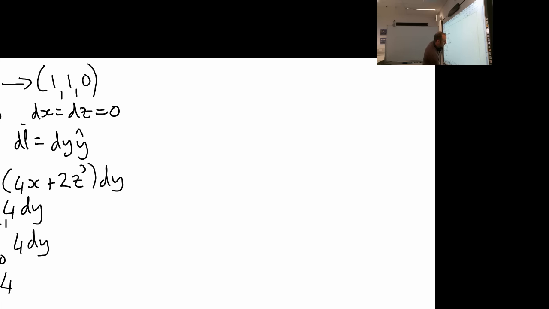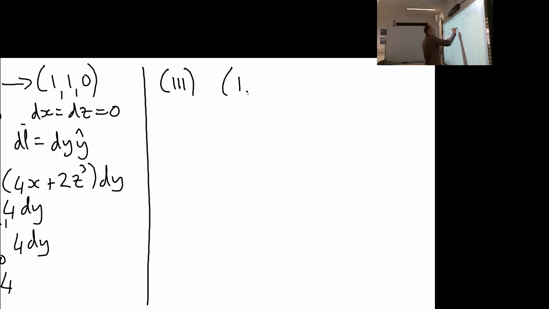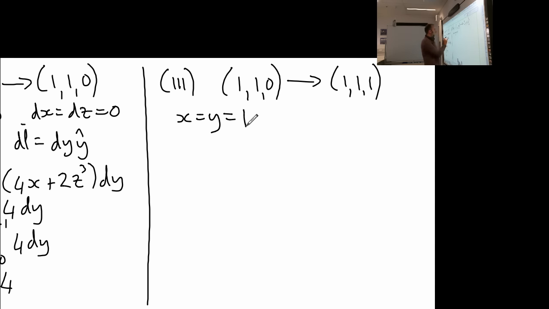Now for the final side, it's the third side, and now we go from 1, 1, 0 to 1, 1, 1. What can we say about x and y here? Here x is equal to y, which is equal to 1. X and y don't change, so we have dx is equal to dy is equal to 0.